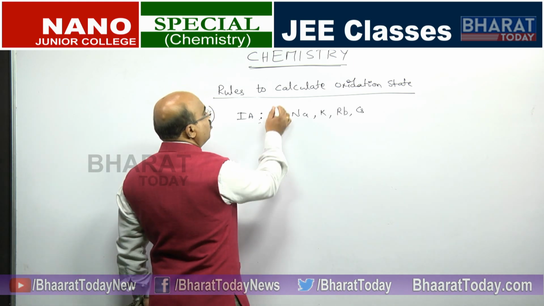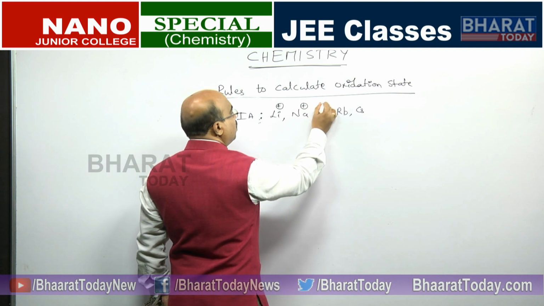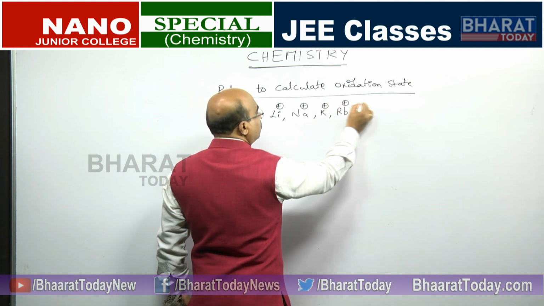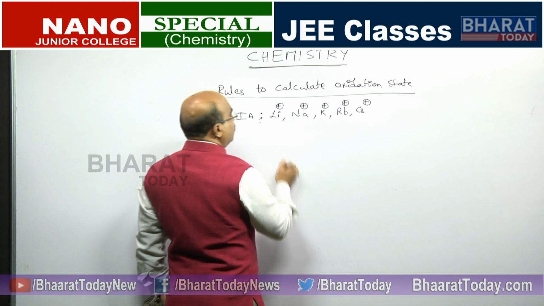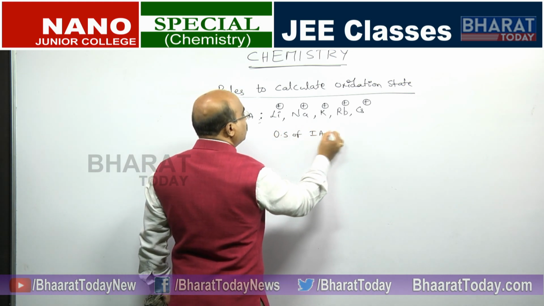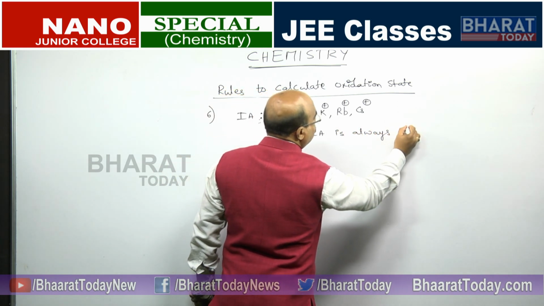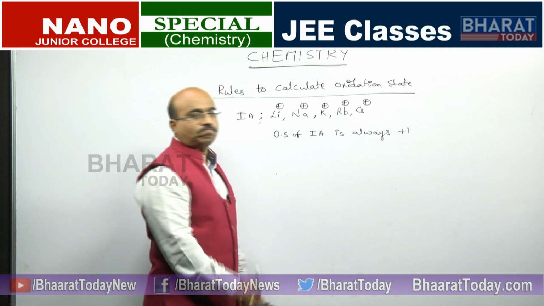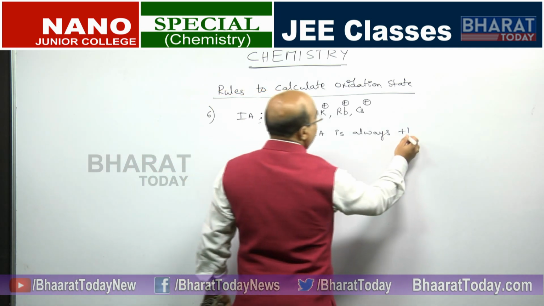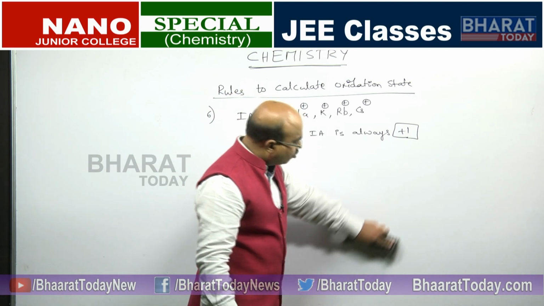That means they always form Li+, Na+, K+, Rb+, Cs+. So, the oxidation state of 1A elements is always +1. Whenever sodium or potassium exists, we always take it as +1.